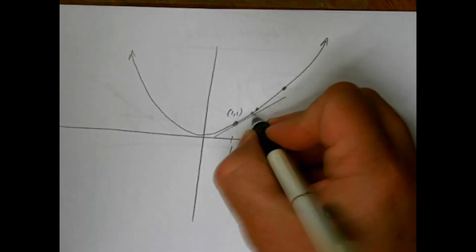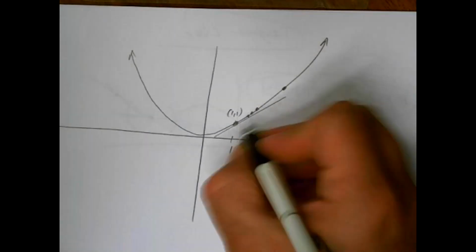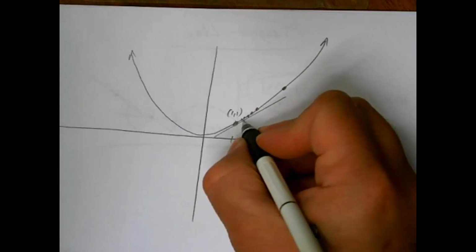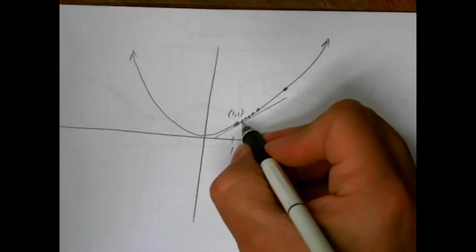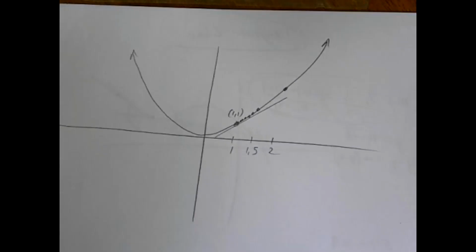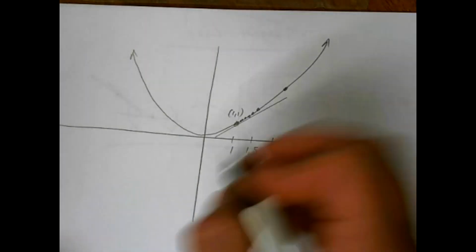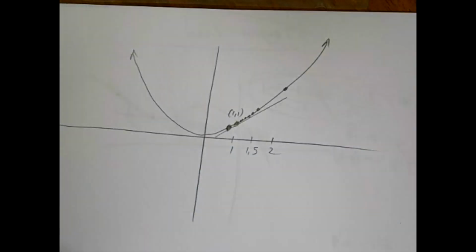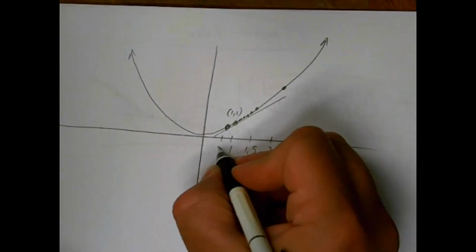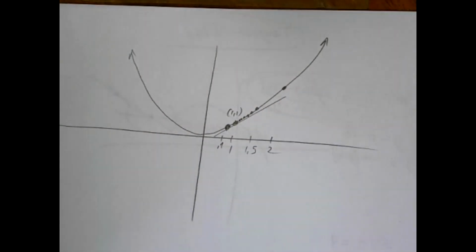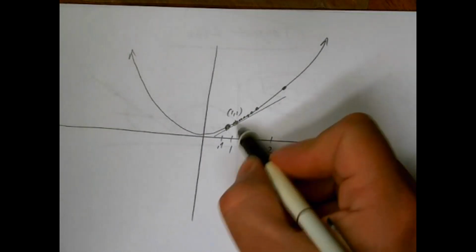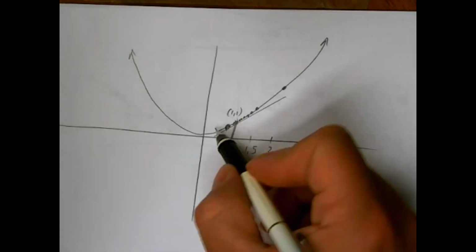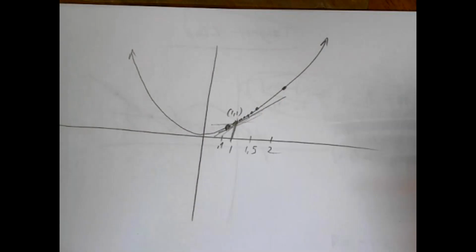You'd go 1.4, 1.3, 1.2, 1.1, 1.01, 1.001, etc. And if you were that curious, you could come from the other side. You could use a 0.9 and find the slope of that line, 0.99, 0.999, and you would find that one slope in particular was starting to show itself.